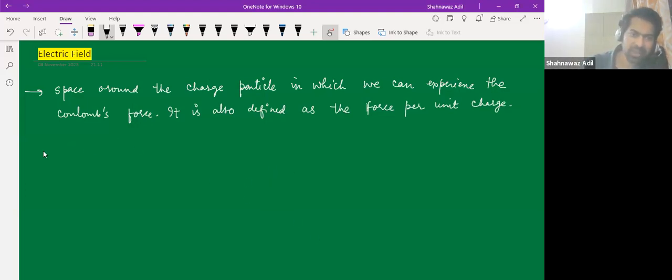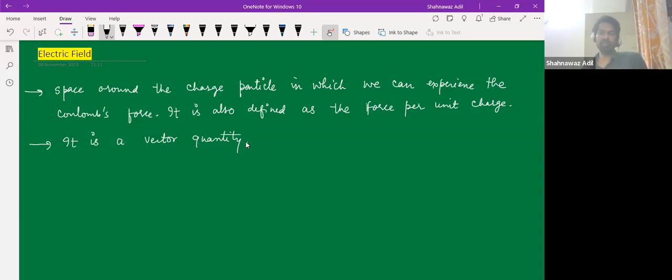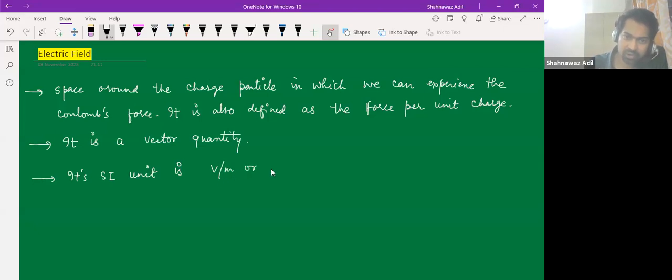And it is a vector quantity. Right. So if it is a vector quantity, again the superposition principle will be applied, right? So we will talk about that later. And its SI unit is volt per meter, or Newton per coulomb.